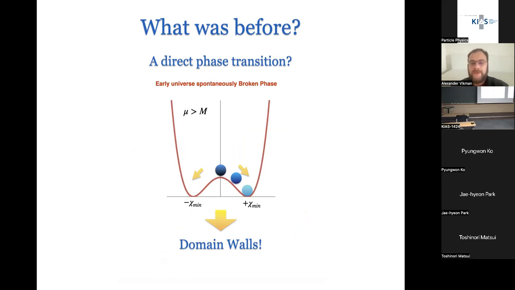And you can think, starting immediately from reheating, there was a hot temperature, this tachyonic mass appeared, so the scalar field would like to go from most probably an unbroken minimum, right, to either left or right. And the point is that mu is much, much, much larger than m. So practically this m can be relevant. And in that case, one could think that this transition happens very quickly, either to the right or to the left.